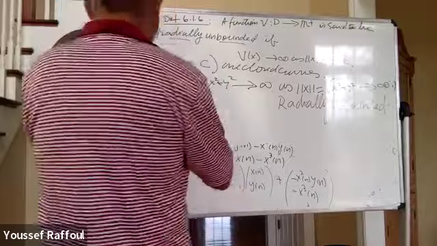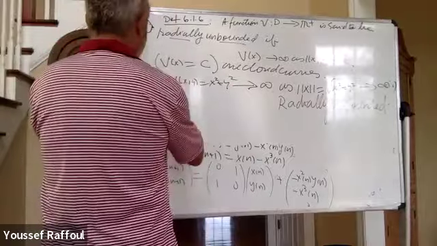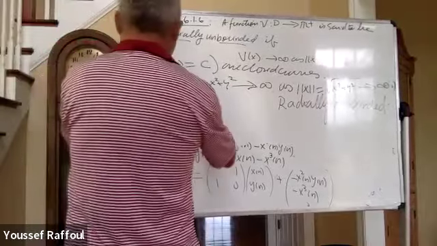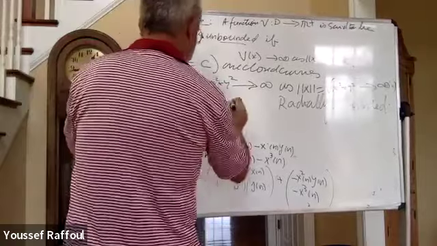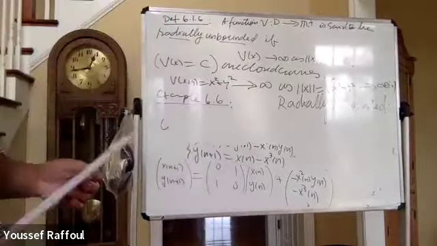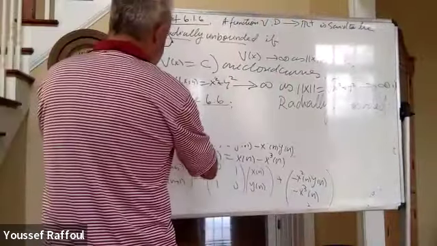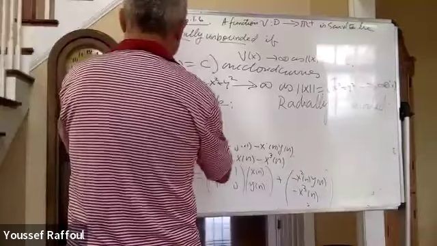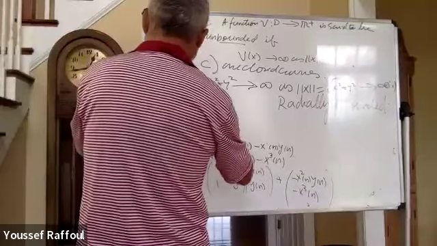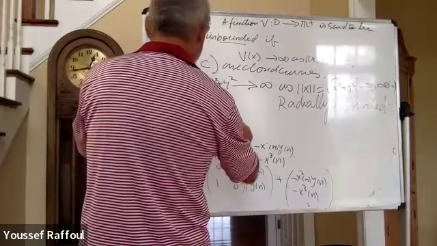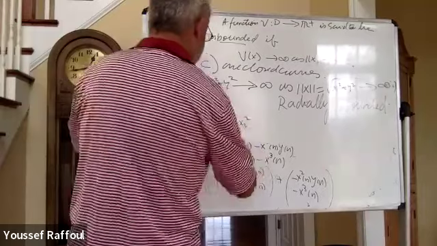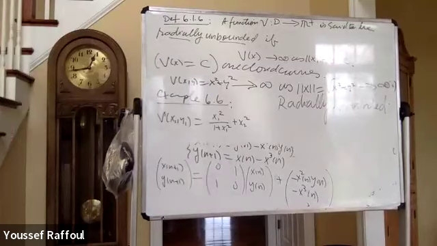All right. Here's an example. Example 6.6. Let's take v of x1, x2 equals x1 squared over 1 plus x1 squared plus x2 squared.